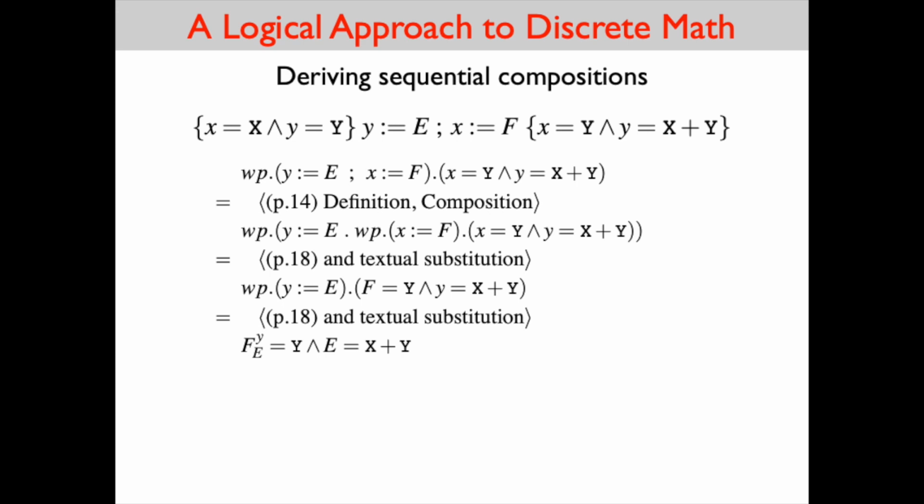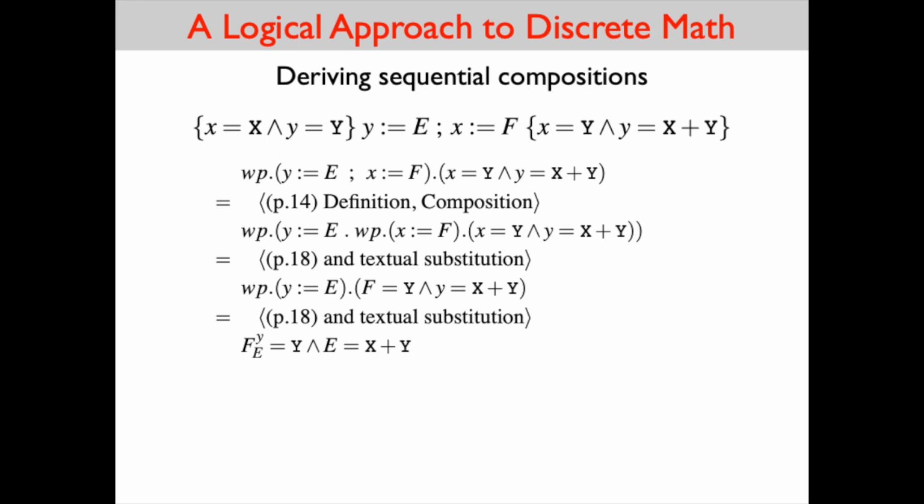So whenever we do this step, not only do we have to replace the y with the big E in y equals rigid x plus rigid y, but we also have to replace y with e in the unknown expression f, because f is an expression and it might have y in it.